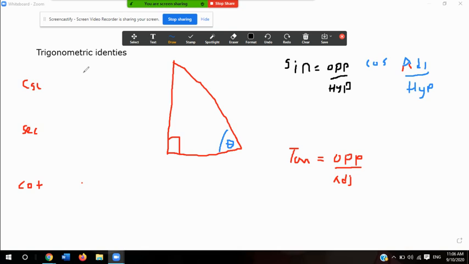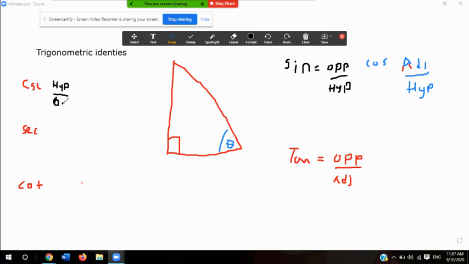Now I know that the cosecant is the opposite of the sine, so I know that I can write cosecant as hypotenuse over opposite. But when I use a reciprocal trigonometric identity, I don't use this. I use a formula that we're going to talk about real quick.